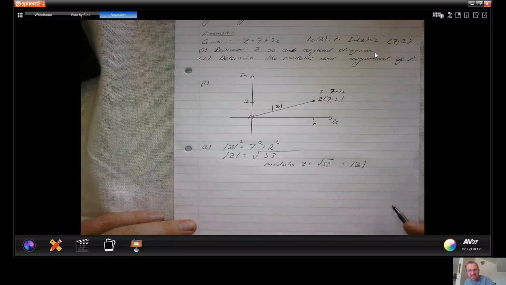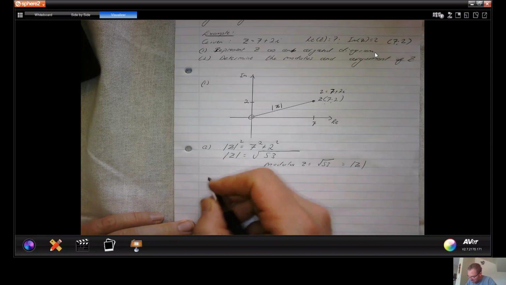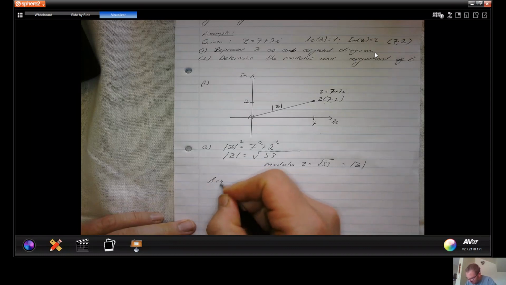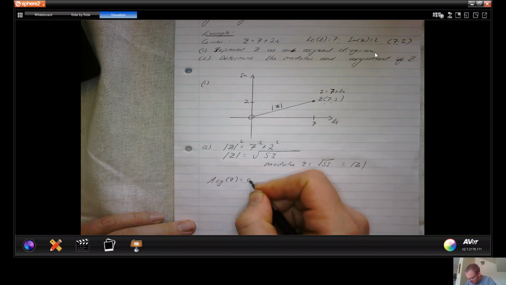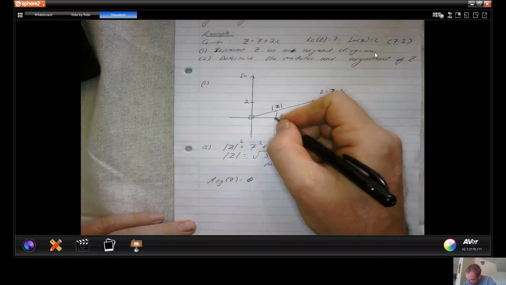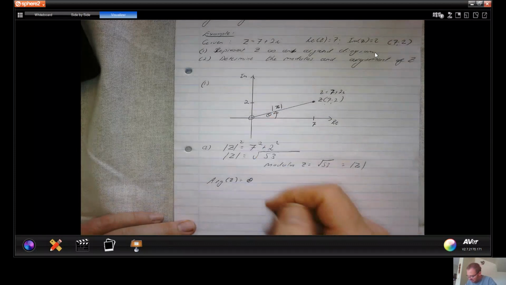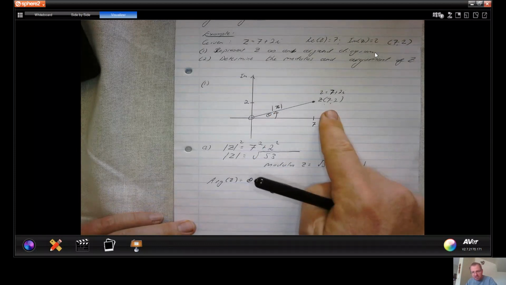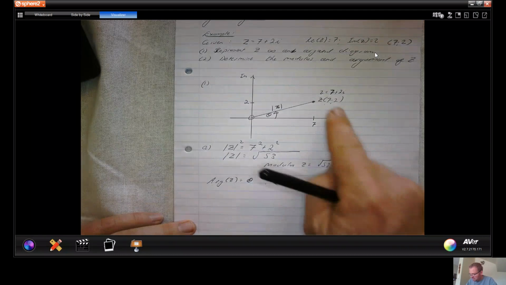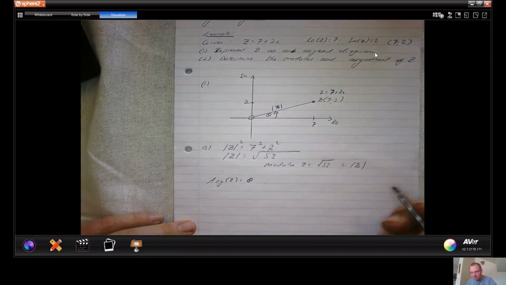Okay. Right. Then the next one, go figure out the argument of z. So if we let the argument of z be equal to theta, you can write it down, but if you fill it in there, then you're telling the marker that that's what you're letting the argument of z be. Okay. So to find that angle, let's use a trig ratio, and the one that is easiest is the one that links up x and y.